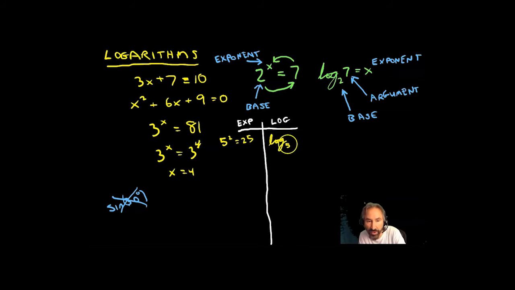And so we do log base 5 of 25 is equal to 2, which is the exponent. And all I'm doing is following this procedure here. I'm going from the 5 to the 25 to the 2. Log 5, 25, 2. Just so happens the 5 needs to be little and below, and then we need to put an equal sign.